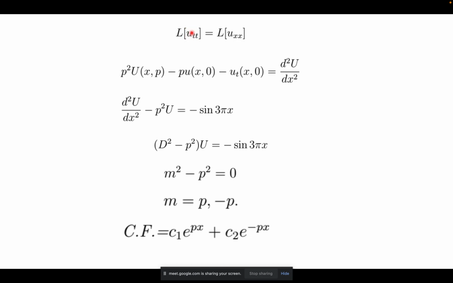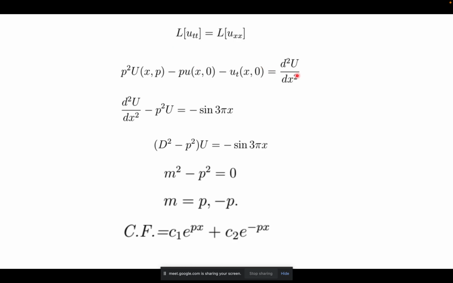The Laplace transform of d square u by dt square results in p square times U_x of p, which is the Laplace transform of small u, minus p u(x,0) minus u_t(x,0), which is du by dt as a function of x and 0. And on the right hand side, the Laplace transform of d square u by dx square is nothing but d square U by dx square, where U is the Laplace transform of small u, right?